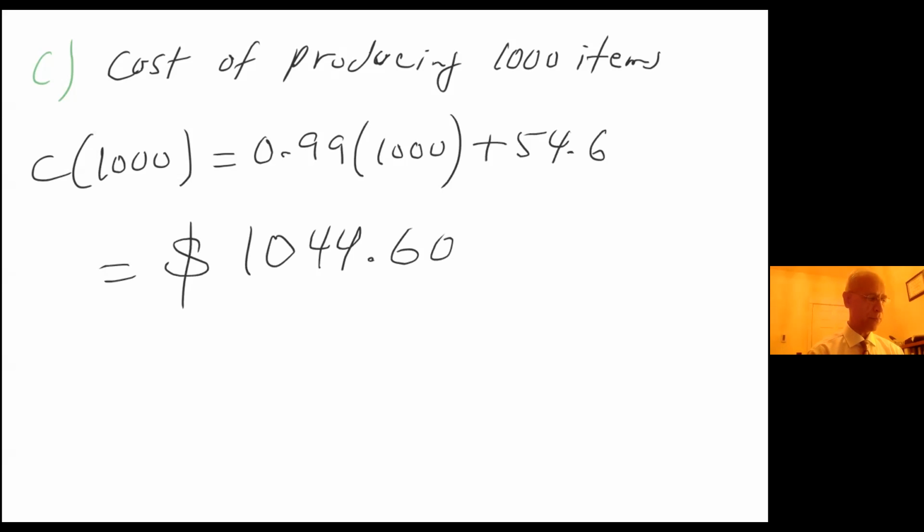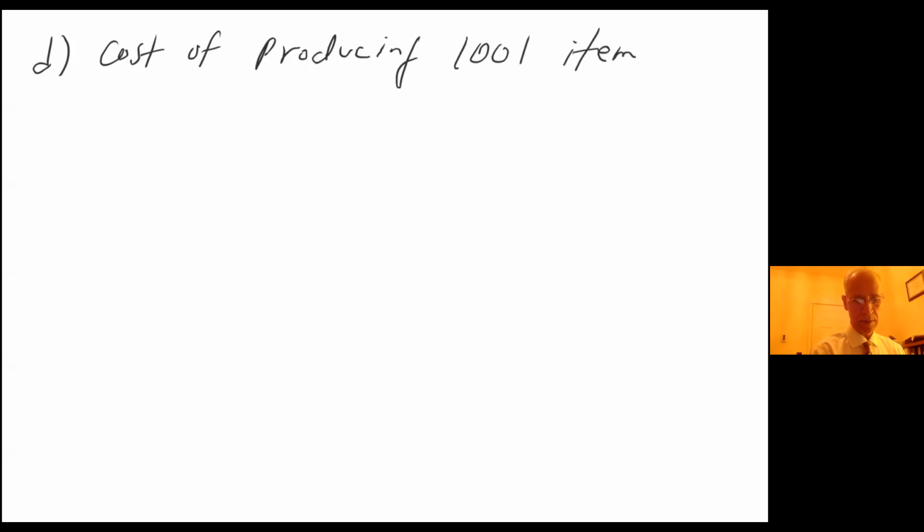Suppose you want to know part D, cost of producing 1,001 items.